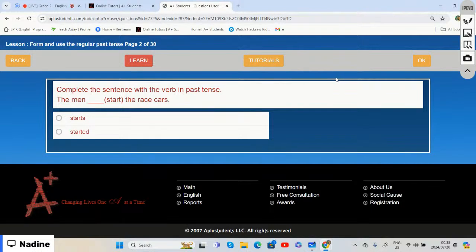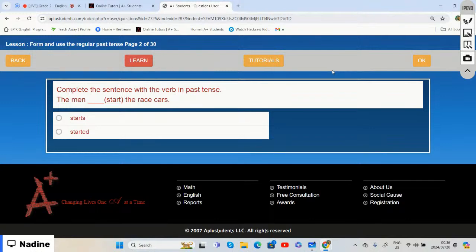The next one says the men, right? More than one man. The men start the race course. So start.